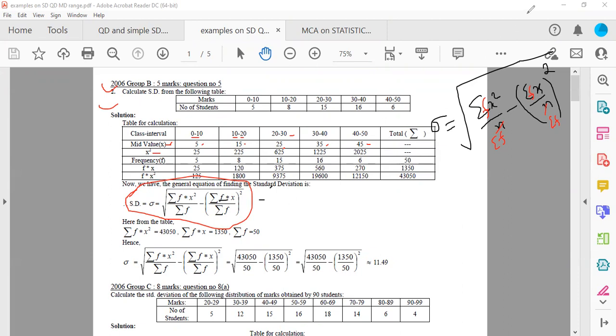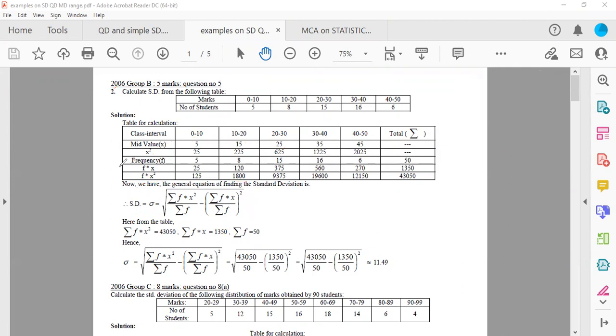So naturally, we require the mid value x, and we require x square, but we don't require the summation of x square. Frequencies are given like 5, 8, 15, 16, 6, and the addition of all frequencies, 50, is symbolized by summation f.